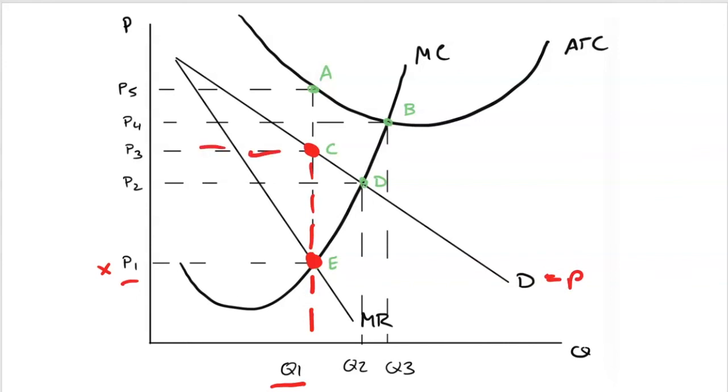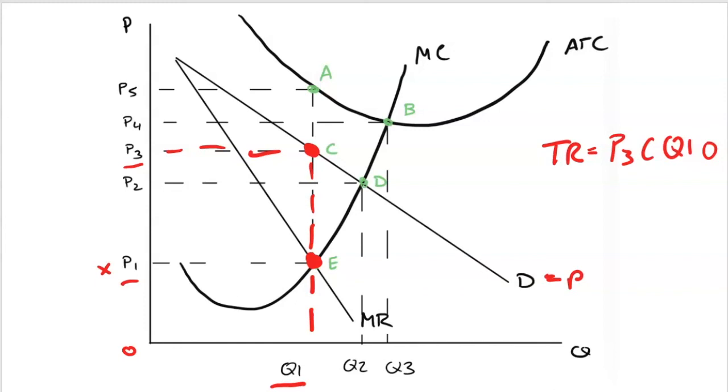And so we know, right, that the firm is going to charge P3 for Q1 amount of units produced. So if we're using the letterings on the graph, and let's just call this 0, right? We know, right, that our total revenue is just price times quantity, or in other words, the area is P3, C, Q1, and 0, right? That is the area of total revenue.